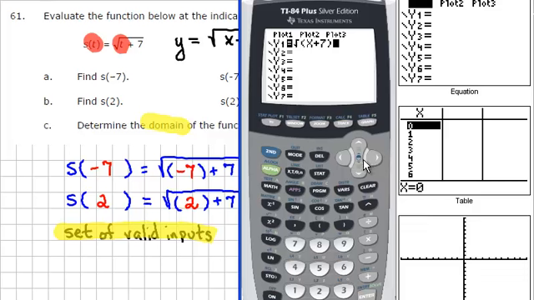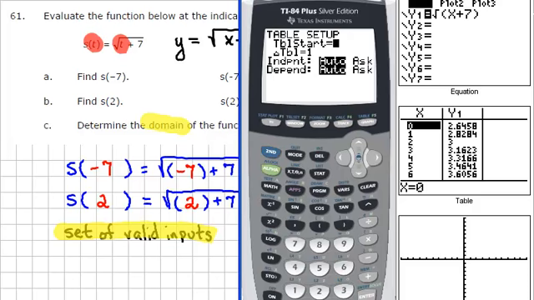Once you've entered the equation in the calculator, produce a table of values by first of all setting up the table. Go to second window to set up the table. What I generally like to do is to explore negative numbers, 0, and positive numbers.